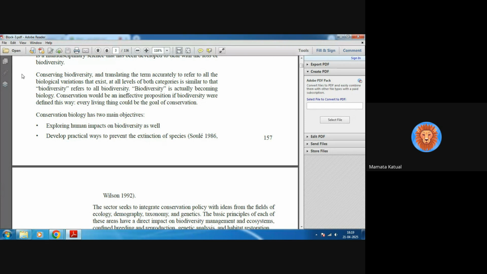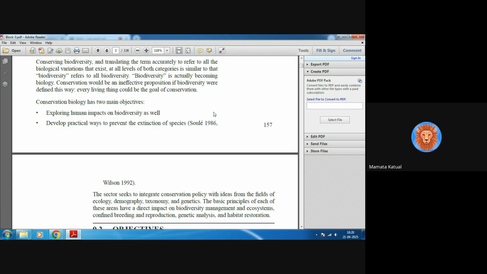The term biodiversity refers to all biological variations that exist at all levels. We have already studied what biodiversity is: biodiversity at different levels, genetic level, species level, and ecosystem level.